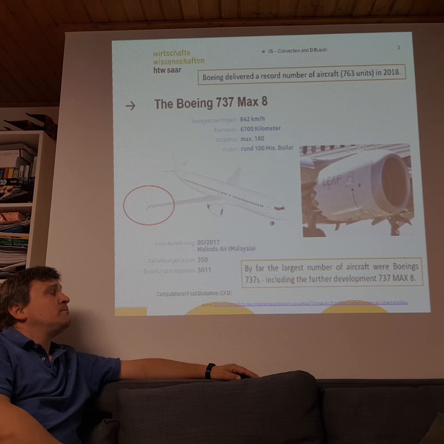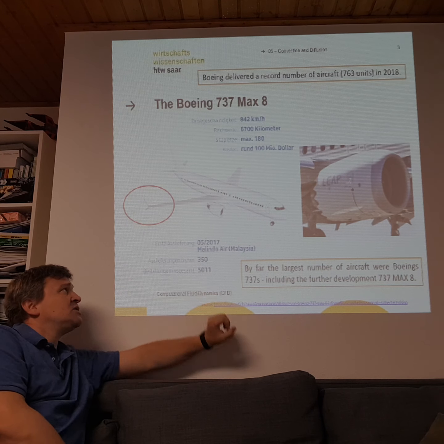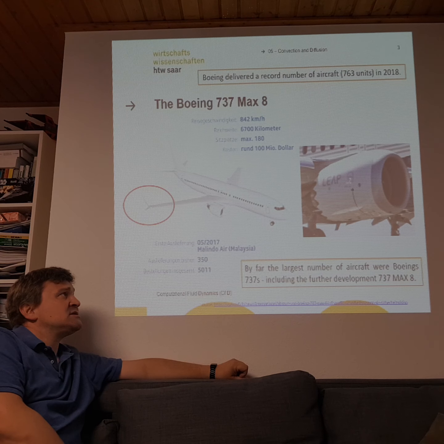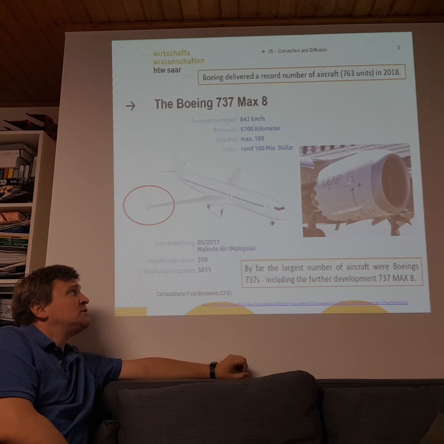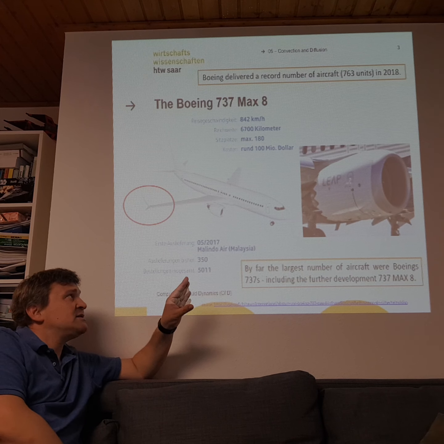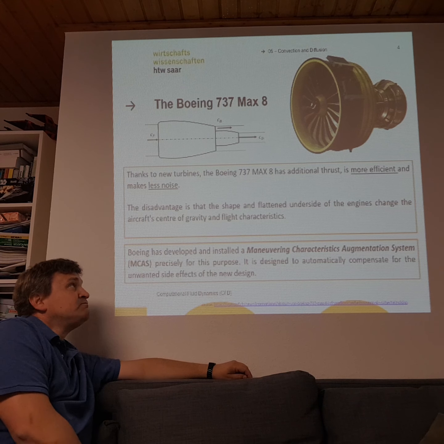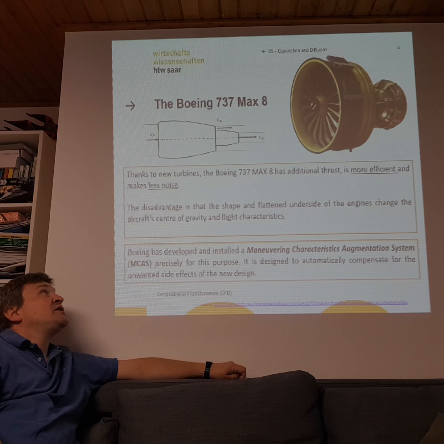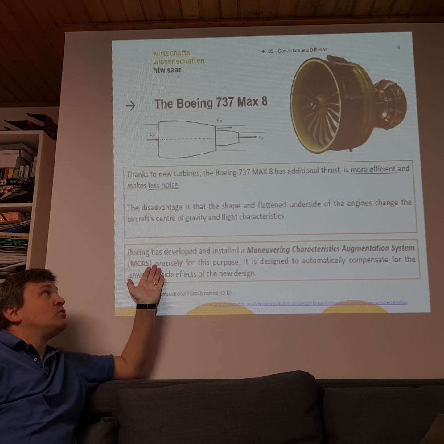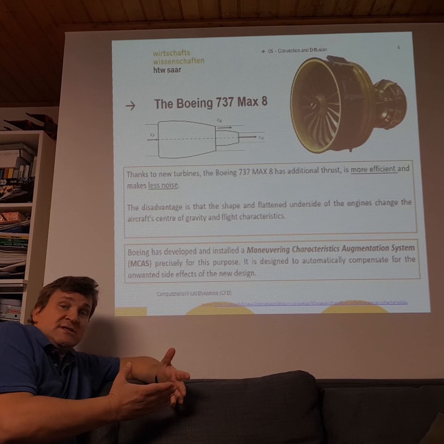And so the engineers had to decide to place it a bit in front of the wings, not directly under the wing. The turbine of the 737 MAX was also a really modern design.